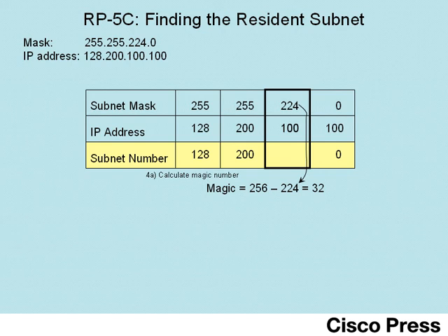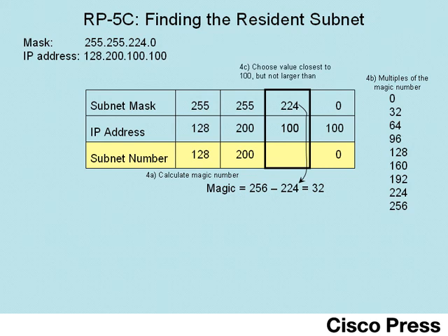Now, as it turns out, the resident subnet number in the interesting octet is a multiple of this magic number. So at step 4b, we're going to calculate all the multiples of the magic number. We start with 0 and calculate all the way up through 256. Now the subnet number's value in that third octet is going to be one of those numbers, but which one? So at step 4c, we compare the IP address, not the mask, but the IP address's value in that interesting octet to the list.